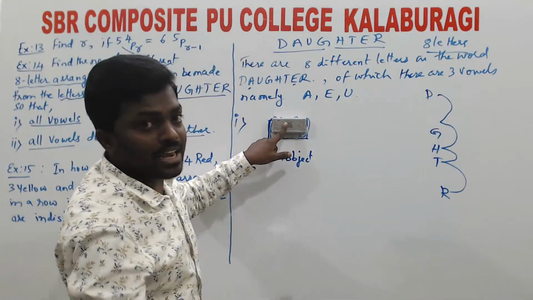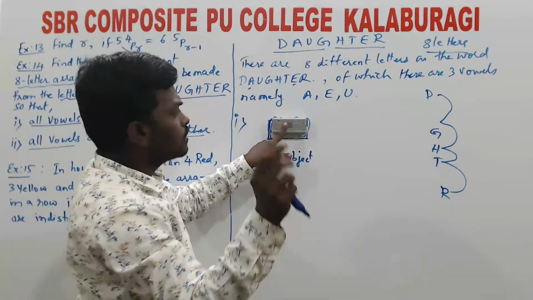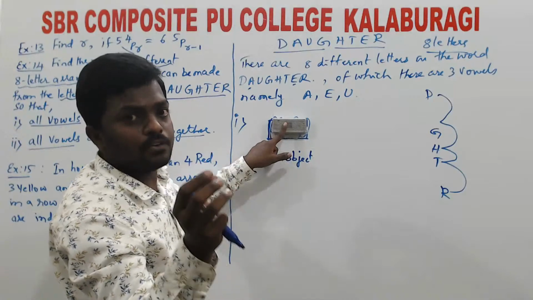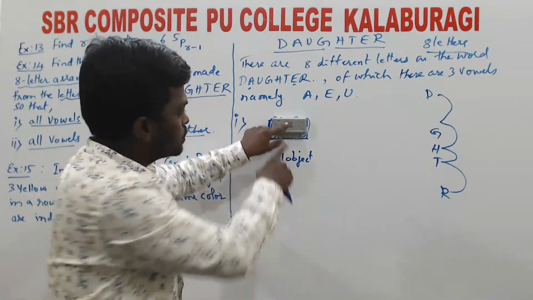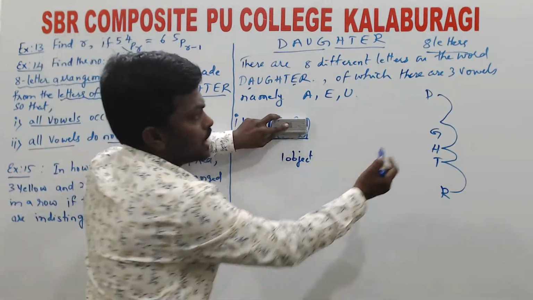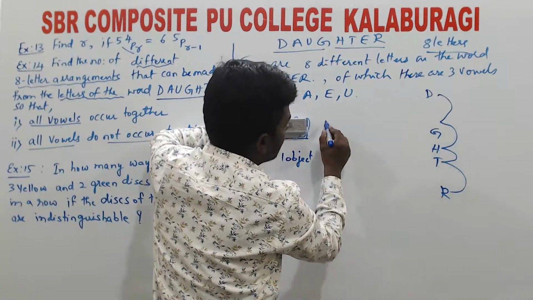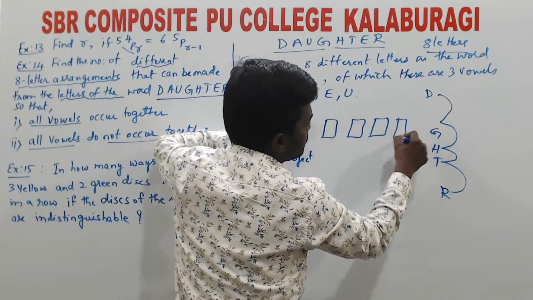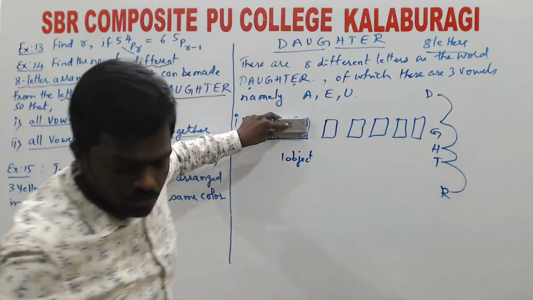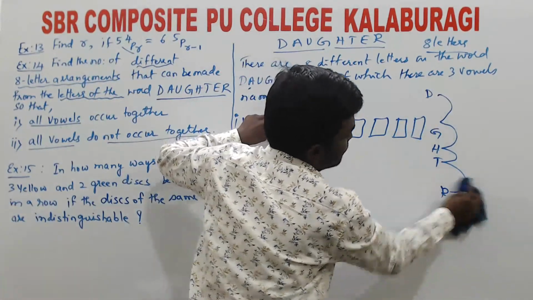There are five letters. One condition is over. The condition is we have to arrange such that all the vowels are together, so I have put them in one box. Now these are five different letters: D, G, H, T, R. How many? Five.